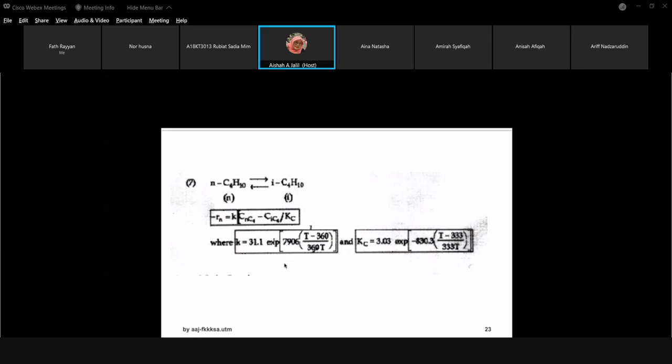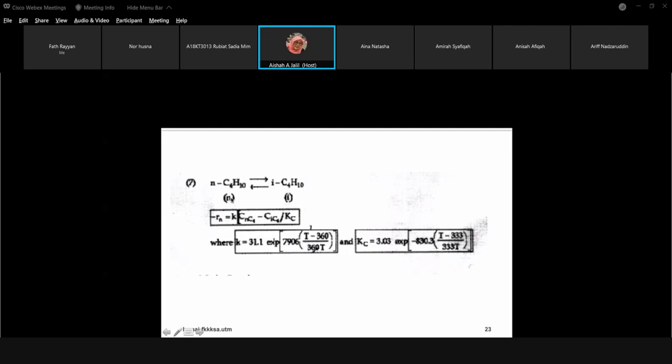Okay. But this is the reversible reaction. So the reversible reaction can be a first order reaction also. But usually for the reversible reaction, you just write the rate law like this. You can see, like you studied before, negative r_n, n is normal butane, going to isobutane. So this is normal, this is iso.